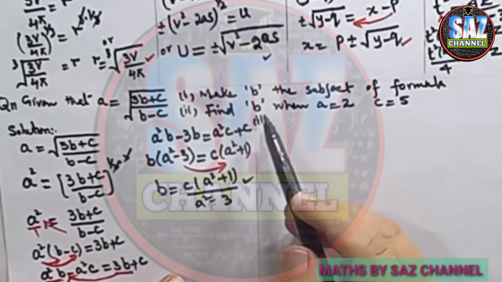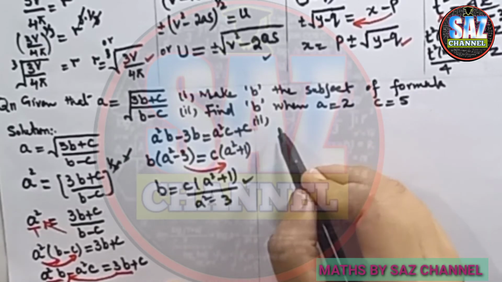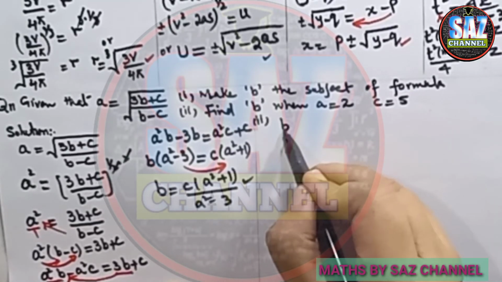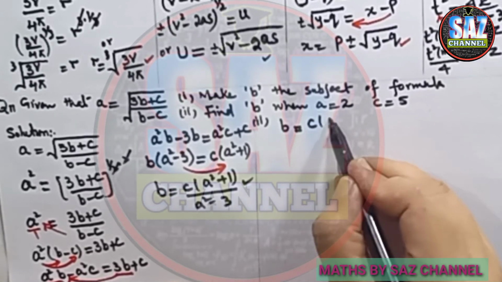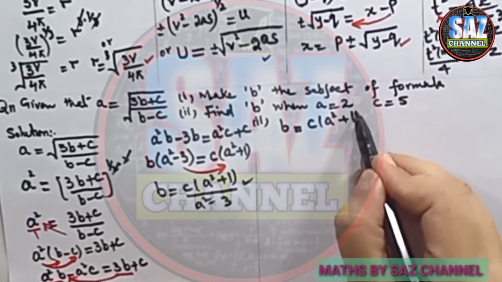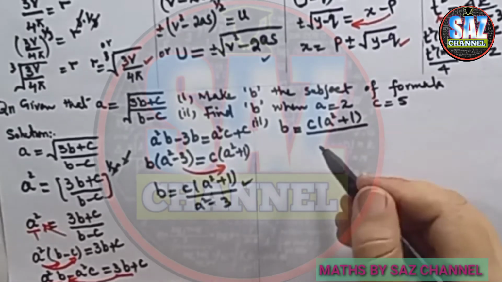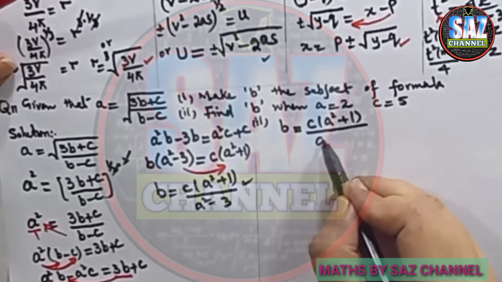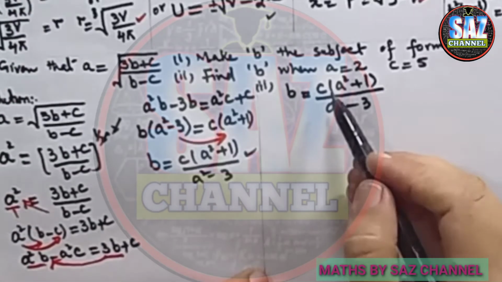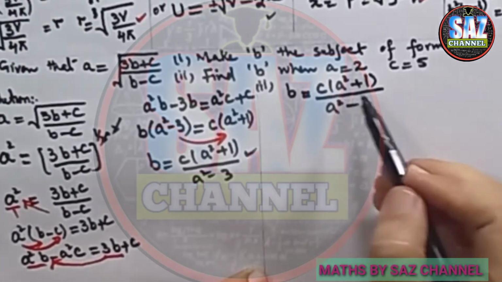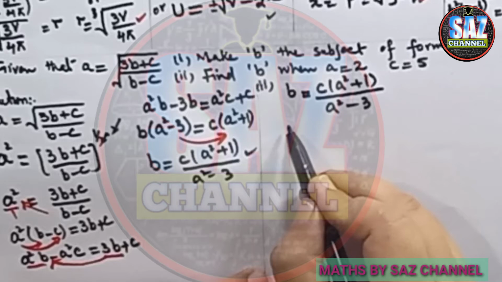For the solution of the second part, take the final answer of the previous part, that b equals c into (a square plus 1) upon (a square minus 3). Now replace a by 2 and c by 5 carefully.